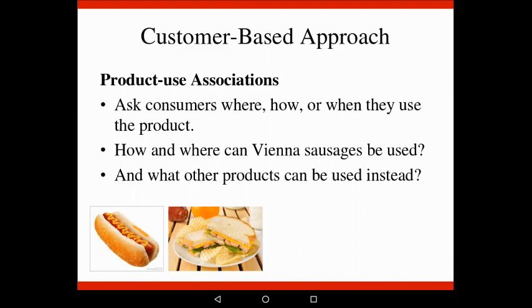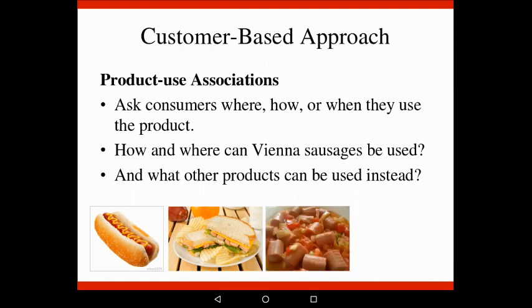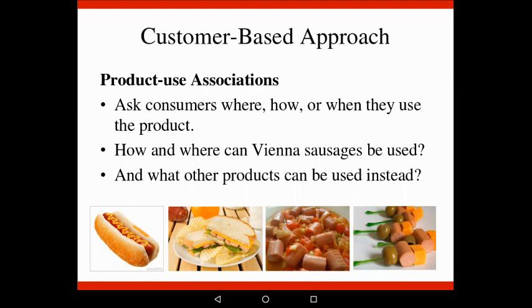So those are all potential. Can you see? We're already starting to discover the potential competitors to Vienna sausages. In the first one, we've got boerewors. Now we've got ham, tuna, chicken, salami. On a pizza, you could use Vienna, and of course there we've got bacon and also salami, chicken.